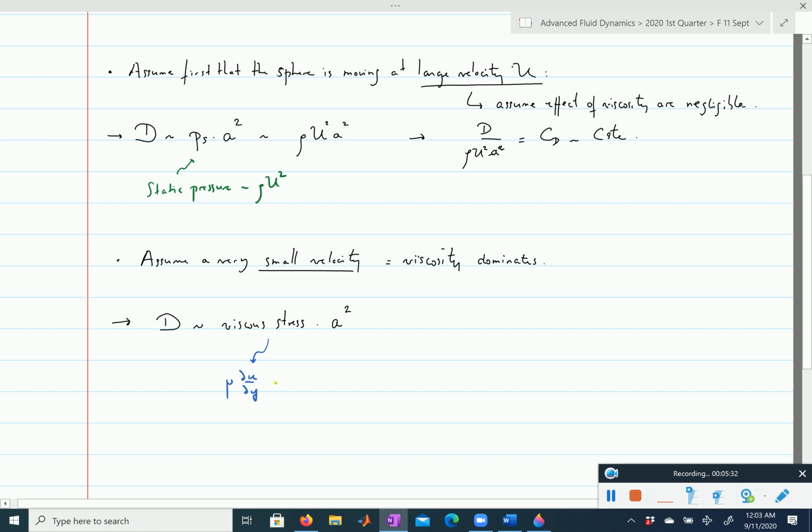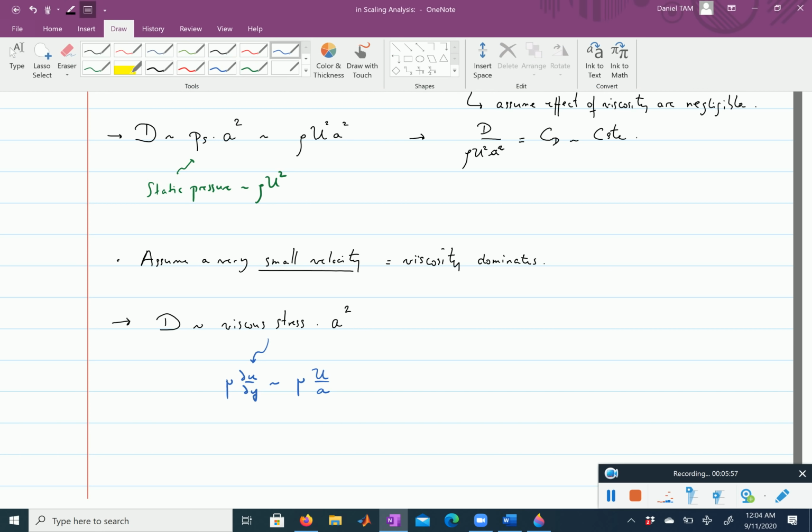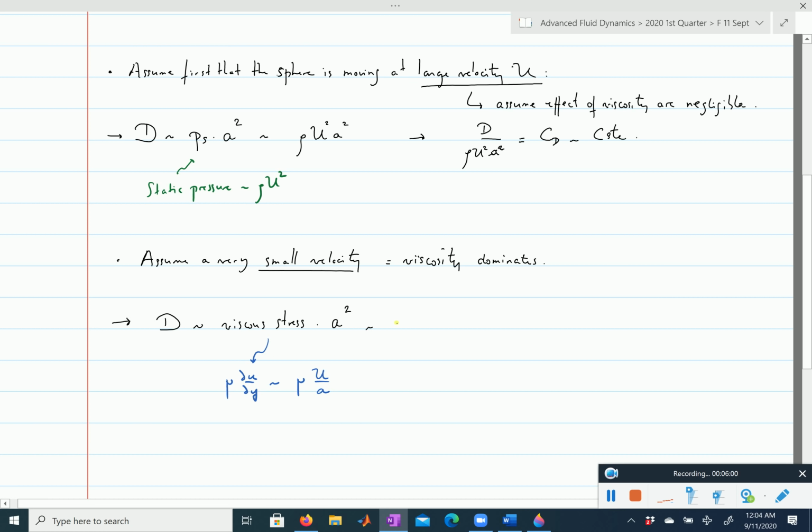So here, this scales with mu, and the gradient, so the partial derivative of u with respect to a length scale, so this is your shear, will be u, that needs to be a velocity, your only velocity scale is u, divided by a length scale, your only length scale is a, so this will scale with mu u divided by a. And therefore, I have that my drag scales with mu u divided by a times a squared, so mu u a.